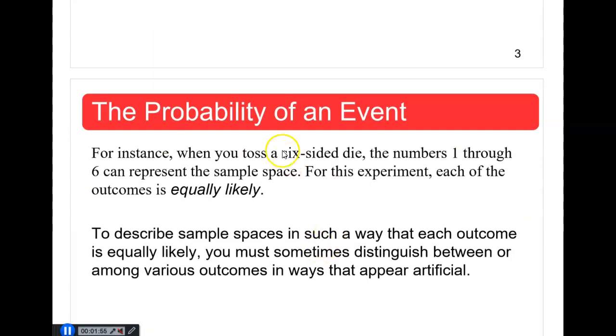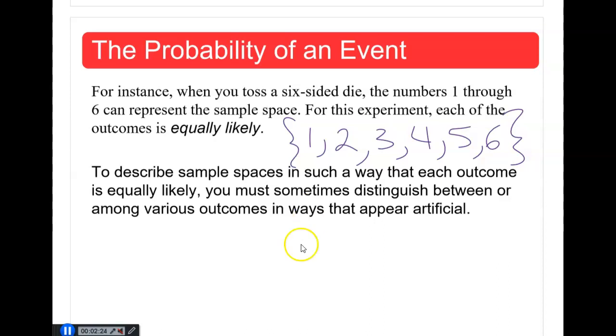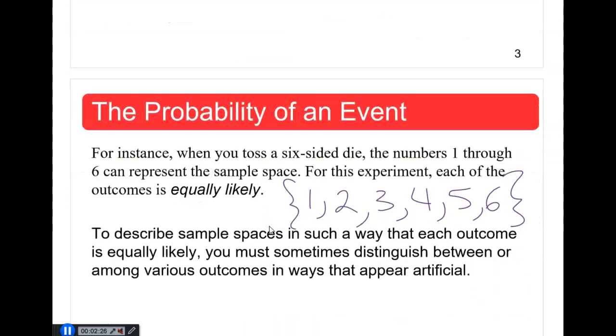For instance, when you toss a six-sided die, the numbers 1 through 6 can represent the sample space. For this experiment, each of the outcomes is equally likely to happen. So with a fair six-sided die with the numbers 1 through 6, each number individually is one outcome, and the collection of all of them is the sample space.